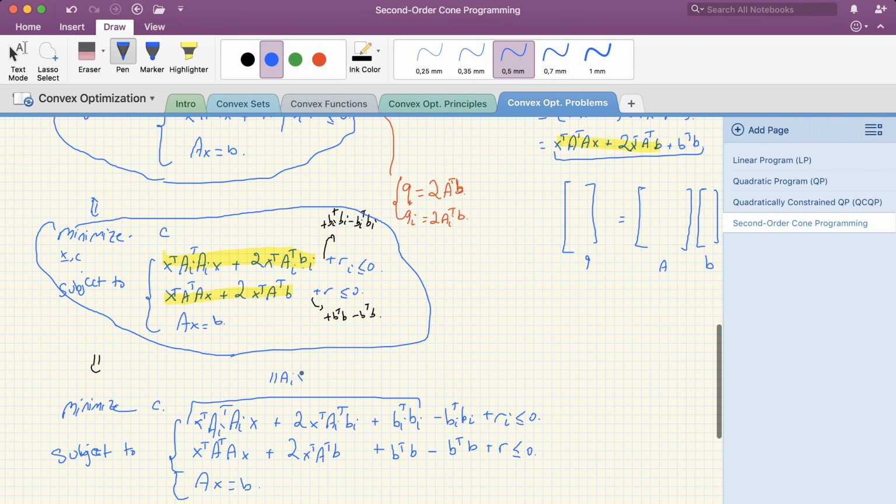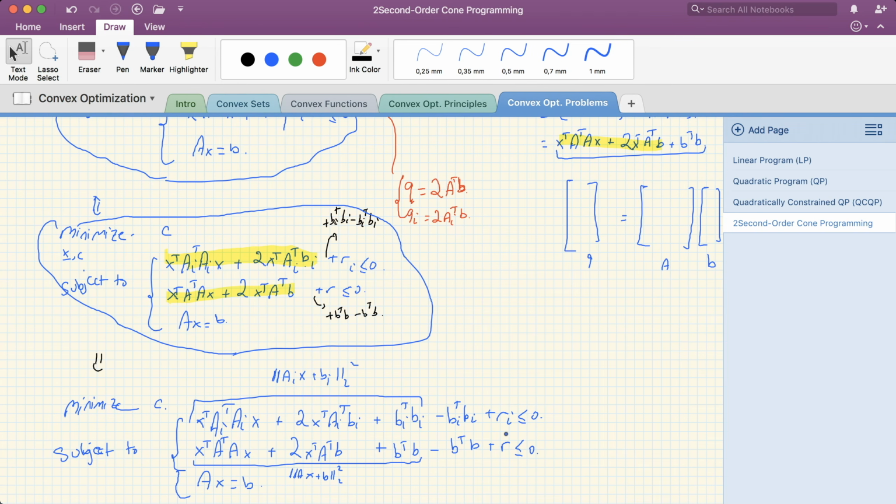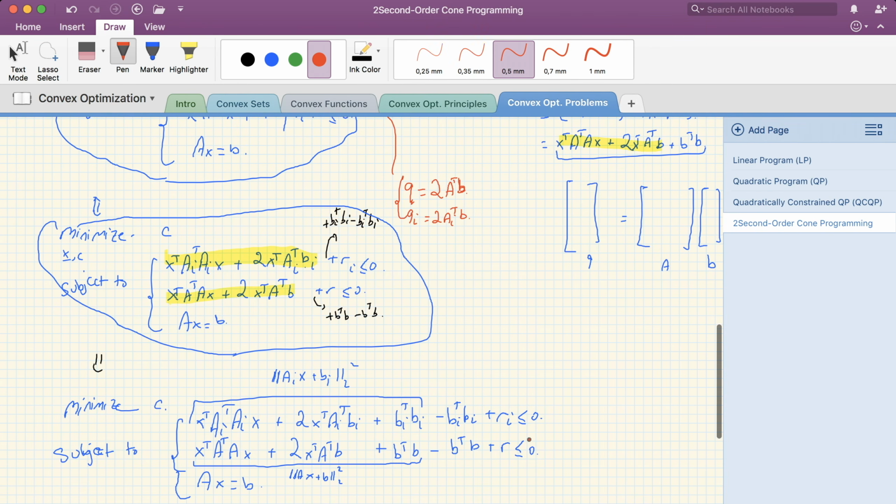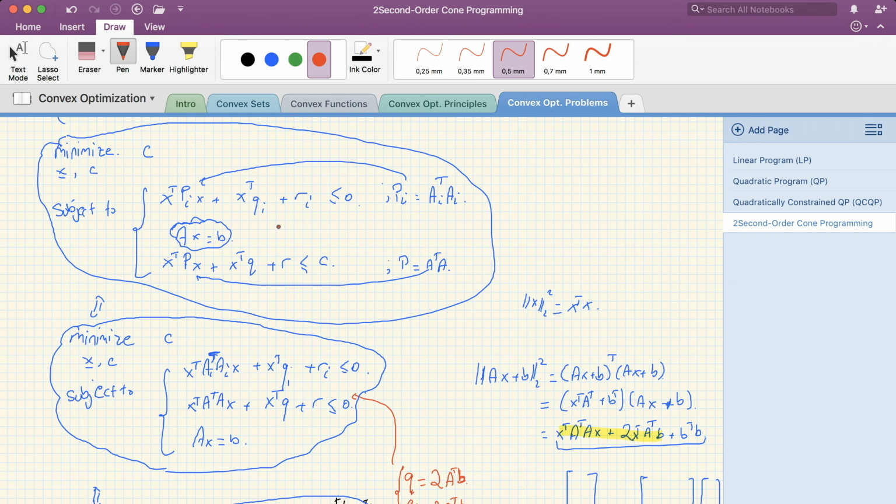So Ai x + Bi in the norm square, right? Likewise, this term is the norm AX + B all square, right? So we've got a small mistake here. This guy right here, it's due to this. So since this was a C right here, this guy right here should be a C, right?